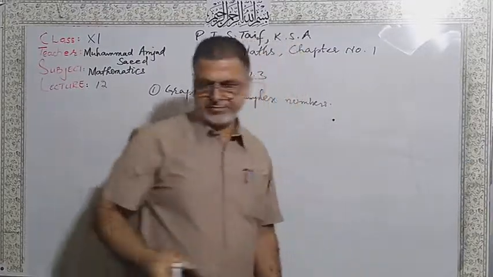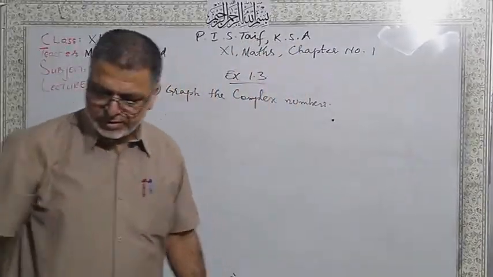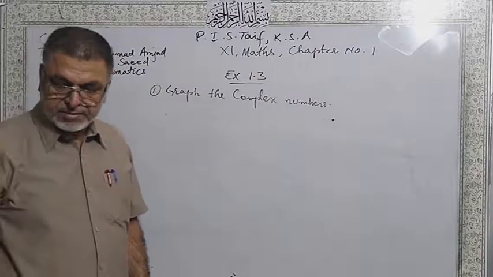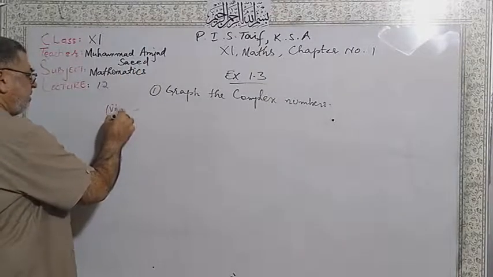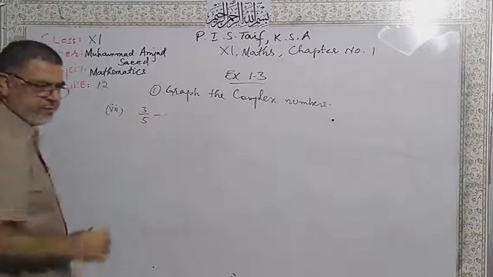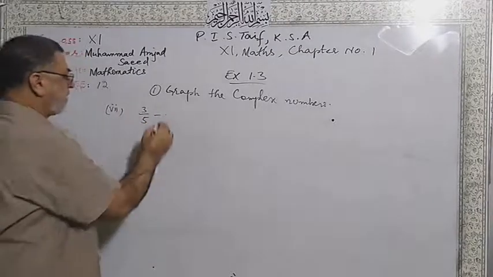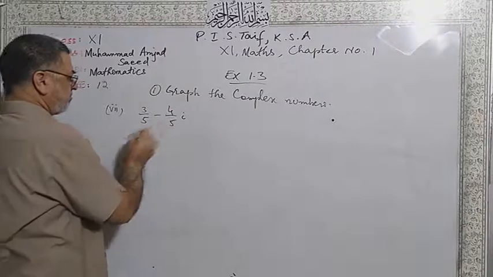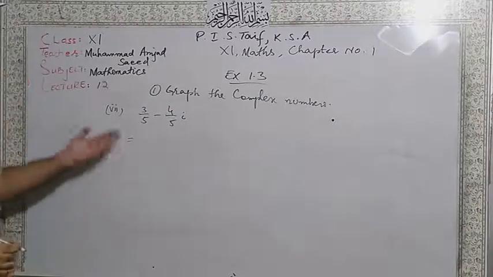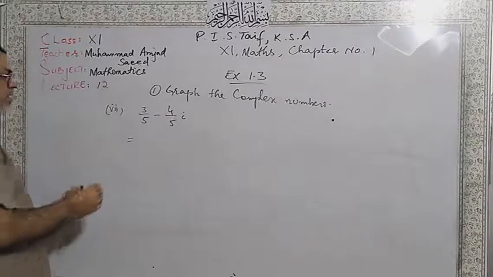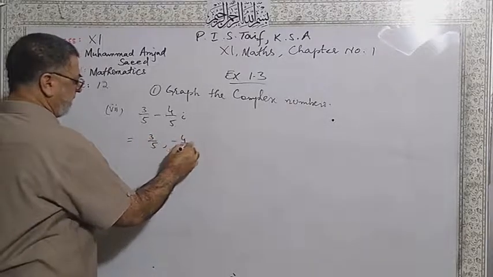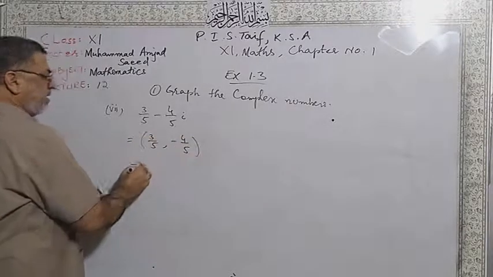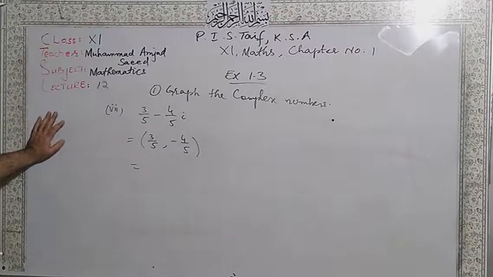After that, we have part number 7. This is 3 over 5 and minus 4 over 5 iota. So, dear students, you can write 3 over 5 and minus 4 over 5 in the form of an ordered pair.